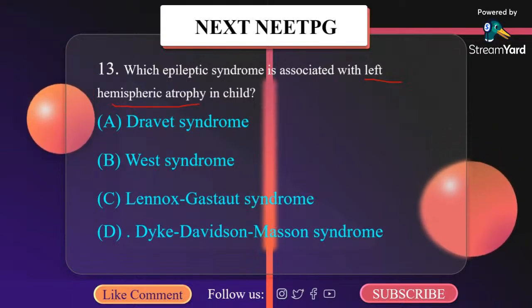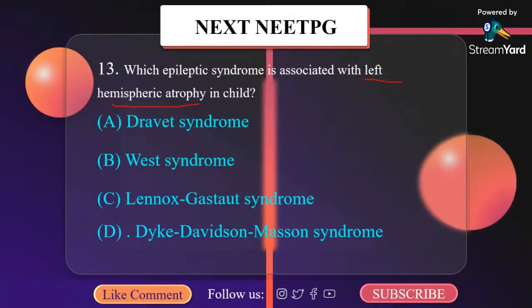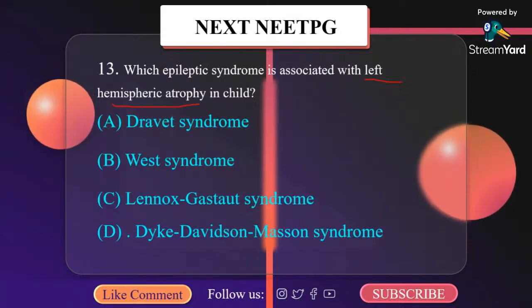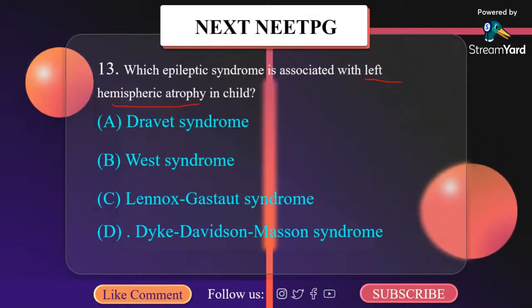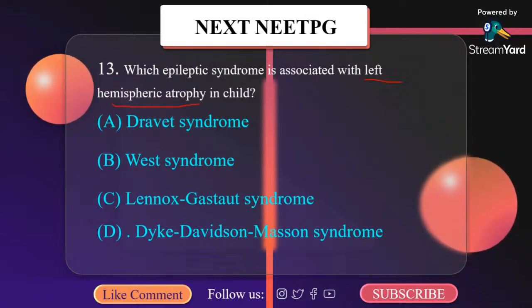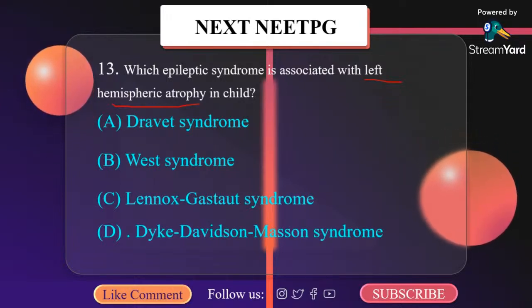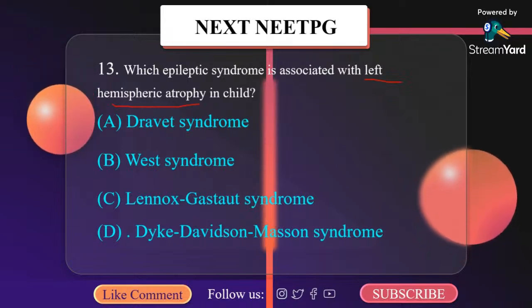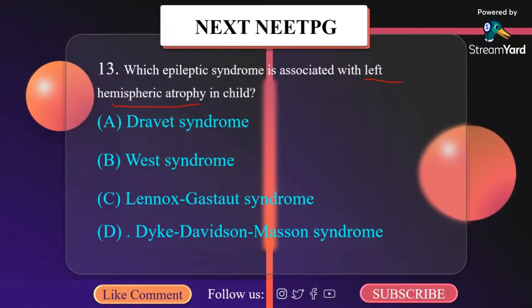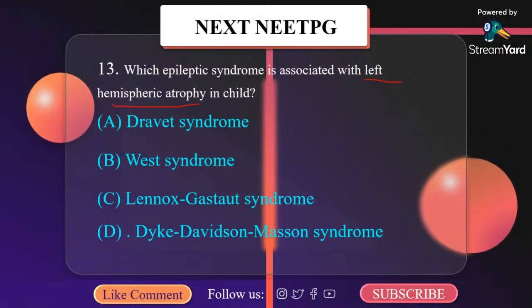So these all four are epileptic syndromes. But in Dyke-Davidson-Masson syndrome, there is hemiatrophy or hypoplasia of a unilateral cerebral hemisphere resulting from a CNS insult in fetal or early childhood period, with a compensatory ipsilateral calvarial hypertrophy.